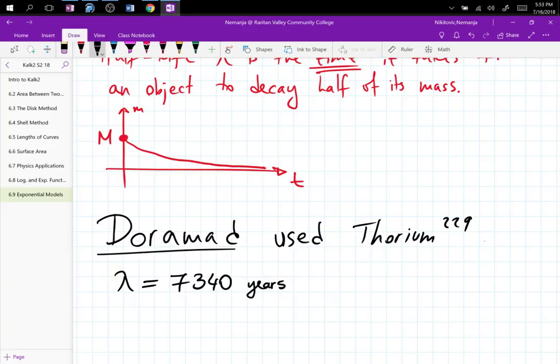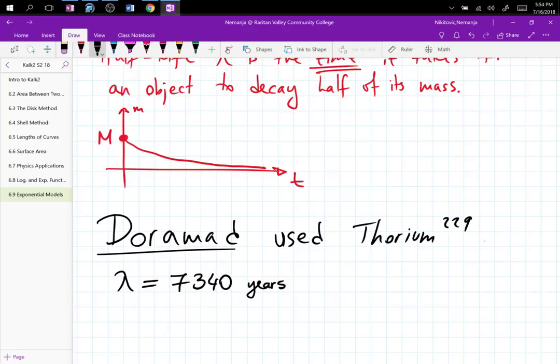Now, what do I want to know? The people that used this all died in the 40s, so by the year 1950, everyone who brushed their teeth with Doramad died. I want to know what amount of thorium is still around, because these people died and were buried, and the deposits of thorium are still on their teeth.